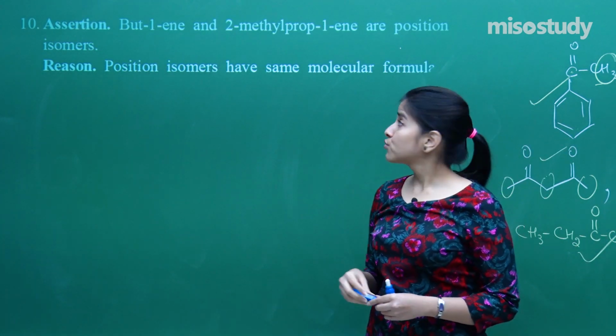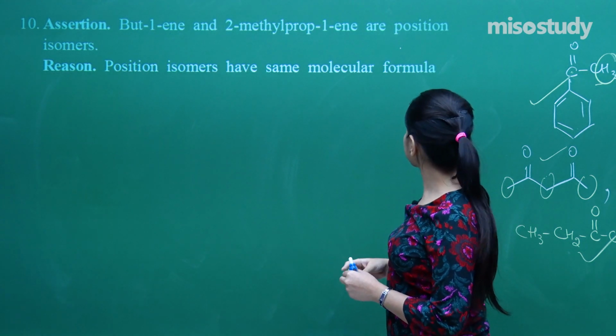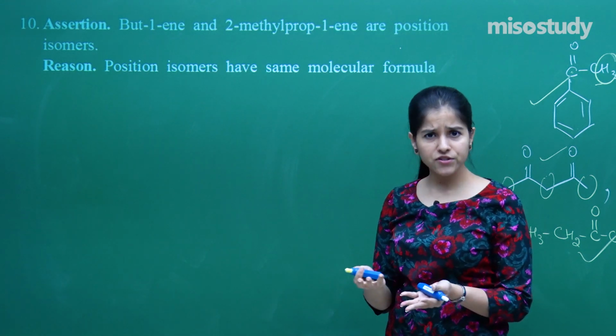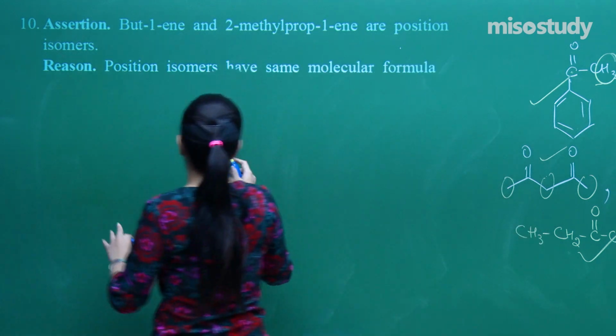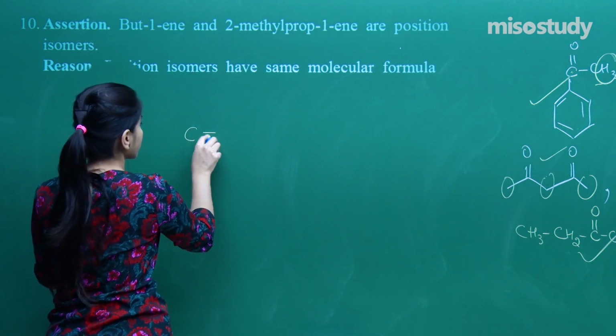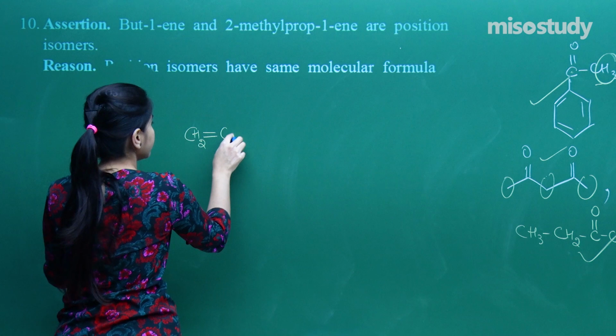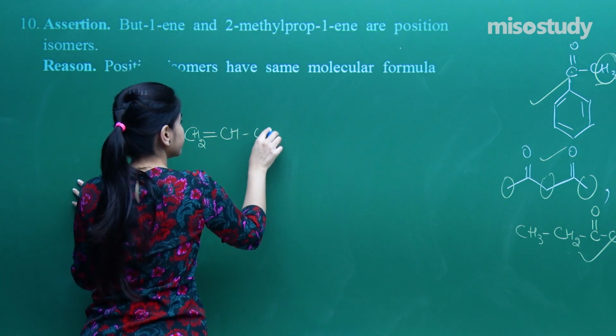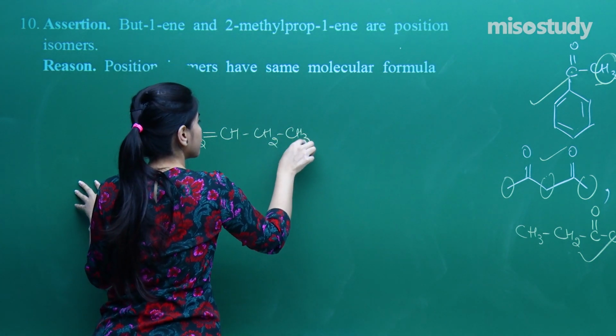Assertion is but-1-ene and 2-methylprop-1-ene are position isomers. So let us check whether these two given compounds are position isomers or not. This is but-1-ene.